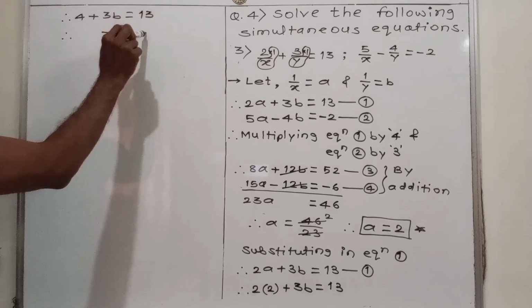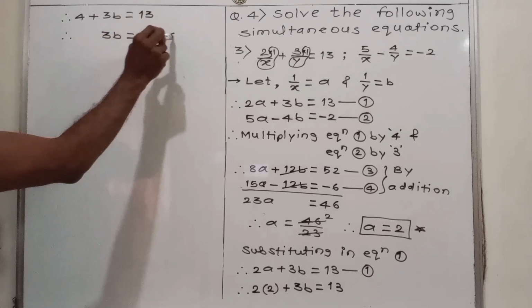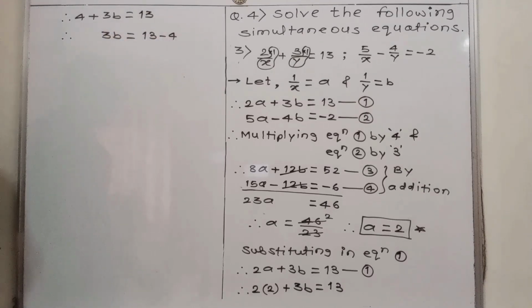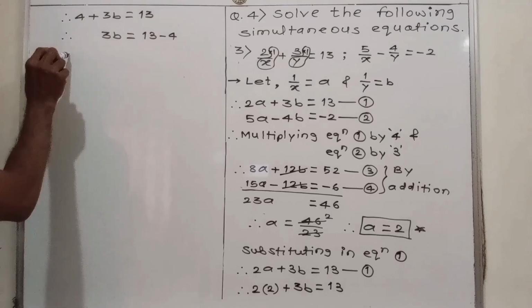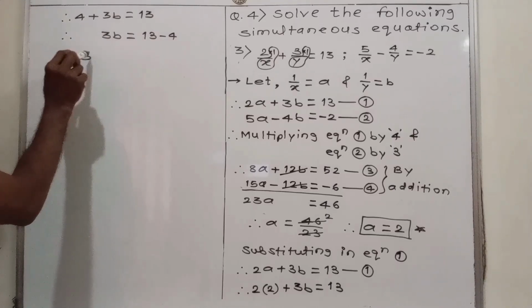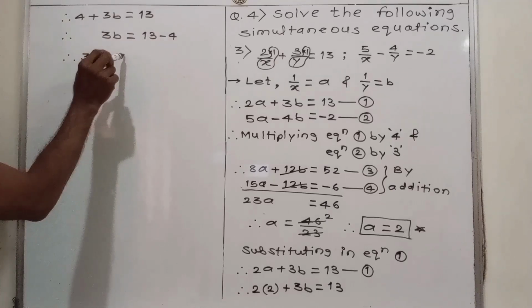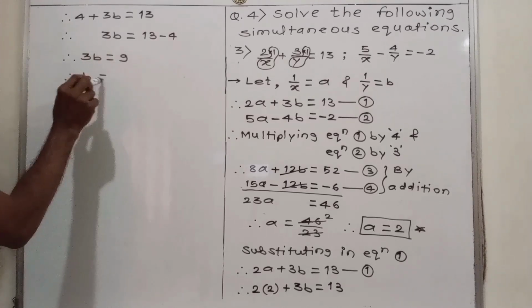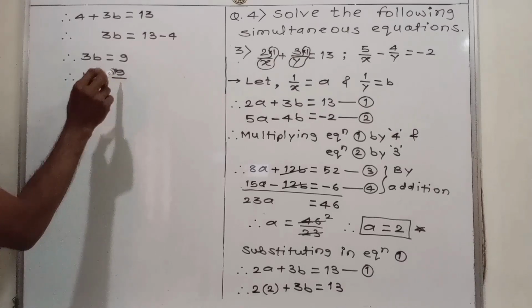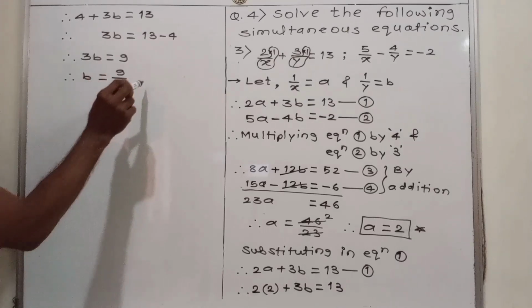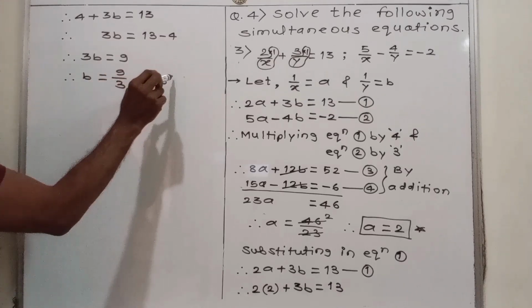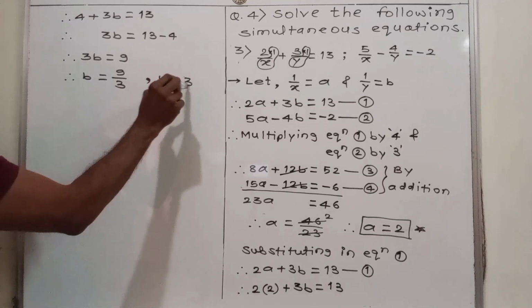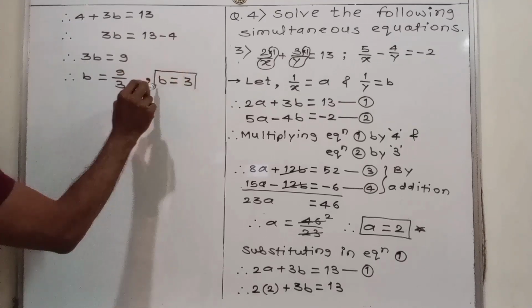So plus 4 goes to the right side and becomes minus 4. Therefore 3b is equal to 9. Therefore b is equal to 9 upon 3. Therefore b is equal to 3.